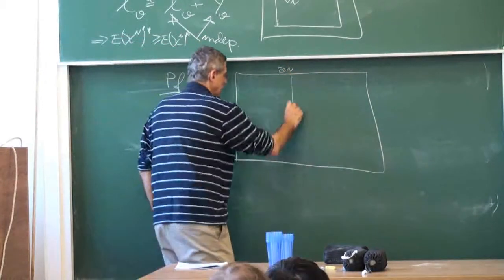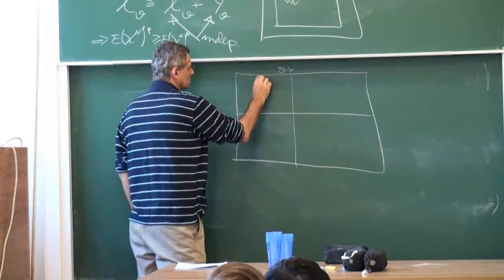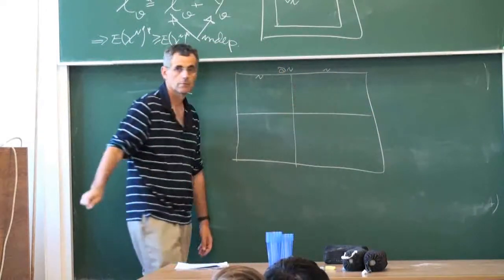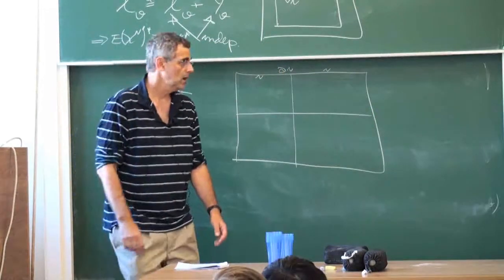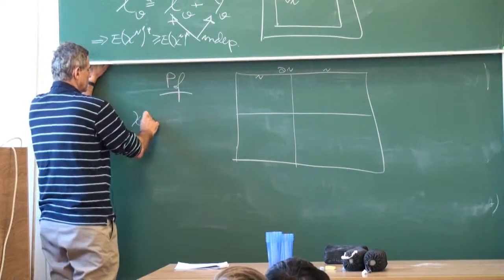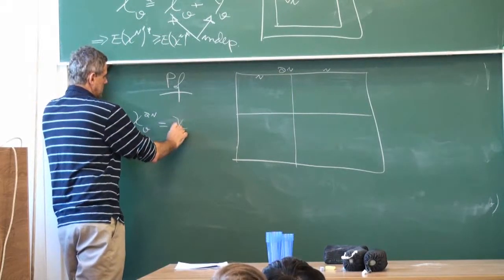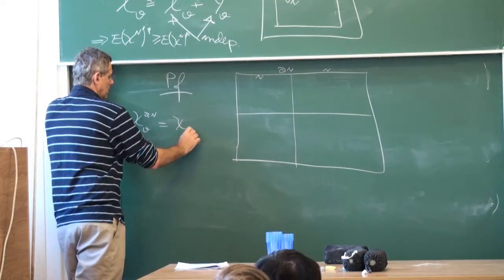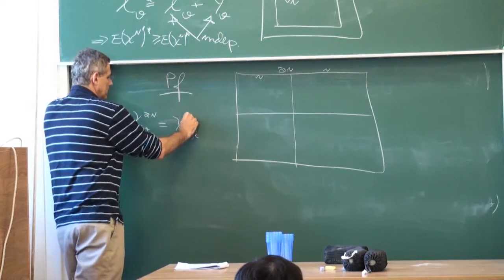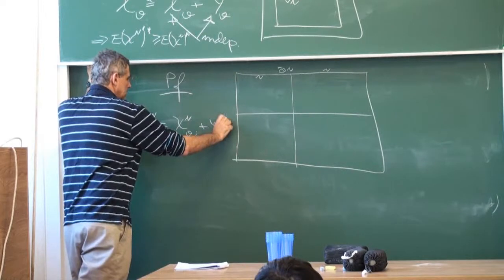So I'm going to split it in 4, so that now I have boxes of size n here. And now I can decompose my field. X_v^{2n} is equal to X_v^{i,n} plus Y_v^n. I will explain in a moment.